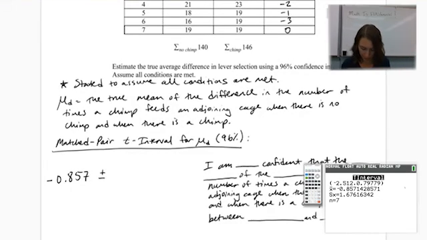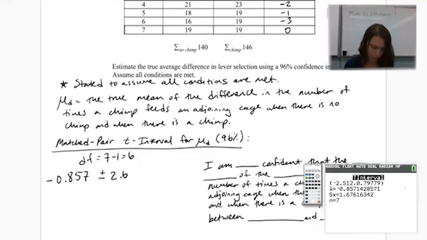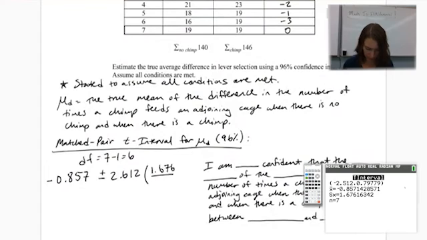Now my degrees of freedom, df, is going to be 7 minus 1, which is 6. So I go 96% confidence level and go all the way up until I get to 6 degrees of freedom. I get 2.612. And then my standard deviation is 1.676 divided by the square root of our n value, which is 7.